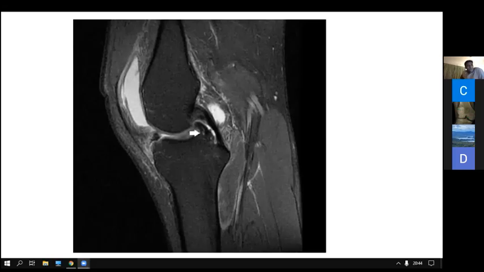I suppose it is possible, but almost always you see a double PCL sign when it is a medial meniscus bucket handle tear. And apparently, if the ACL is gone, the medial meniscus bucket handle can go further laterally, and you don't get the double PCL sign.